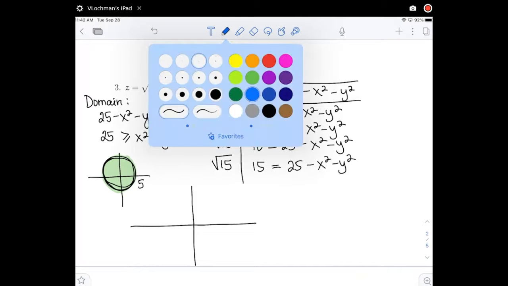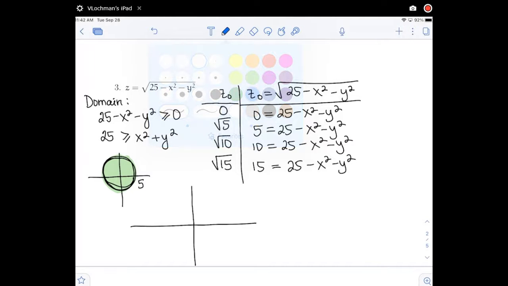Okay, so let me simplify these. The first one will be what? This is x squared plus y squared equals 25. And now we're going to get smaller radius, right? So x squared plus y squared, 25 minus 5, that's going to be 20.